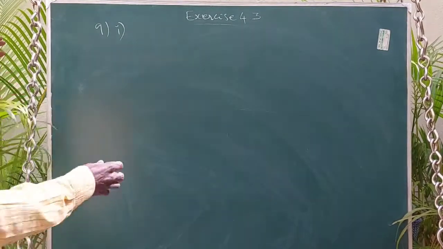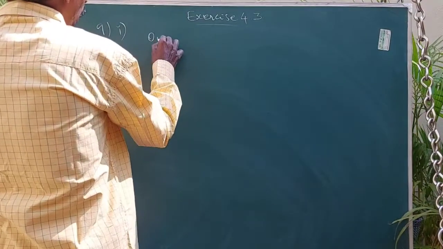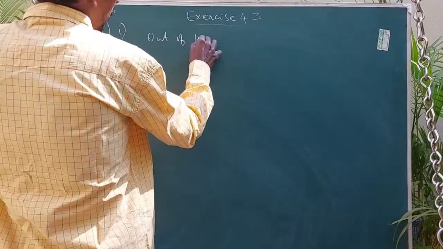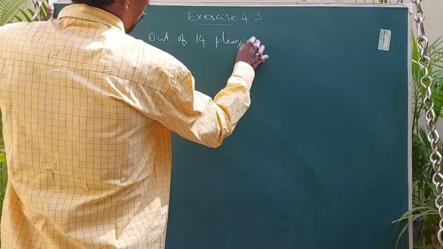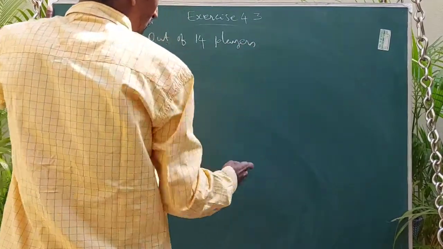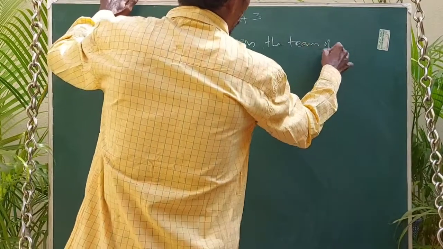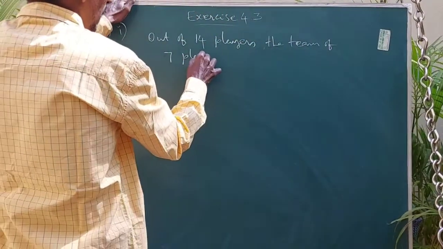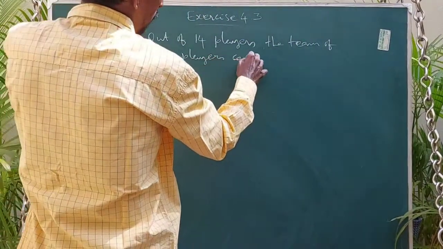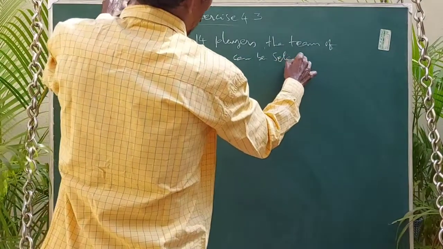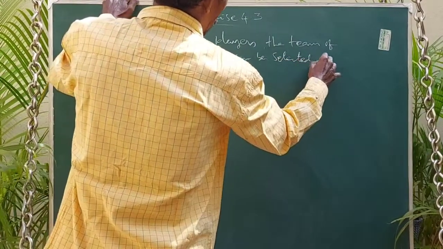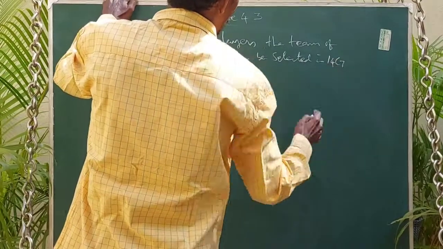So here we can write: out of 14 players, the team of 7 players can be selected in 14C7 ways.